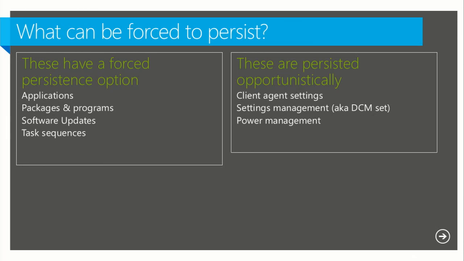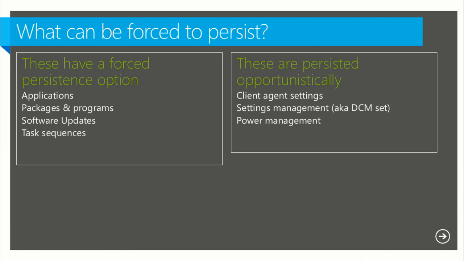Settings management and power management also do not have that option to persist or force to persist. For example, with settings management, you can still work around that. Like I said earlier, you can time it. You can send another deployment, such as an empty package and program. All you would do is create an empty package and program and check that box to persist right away.